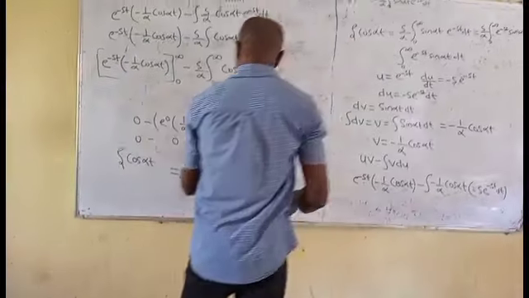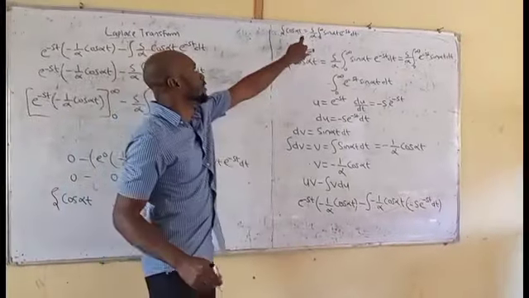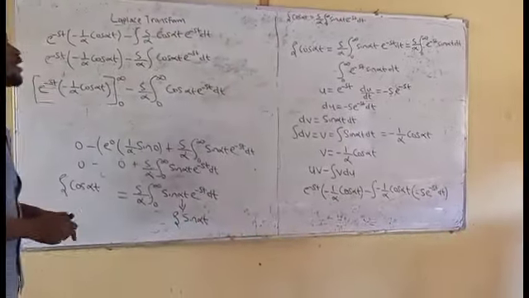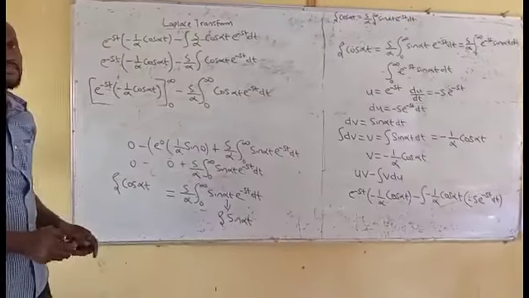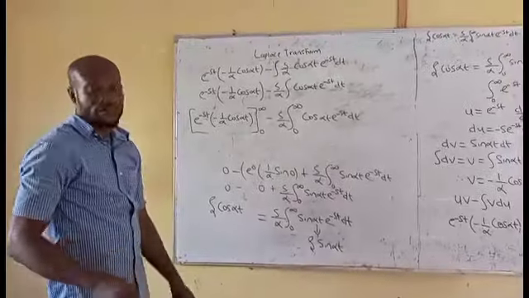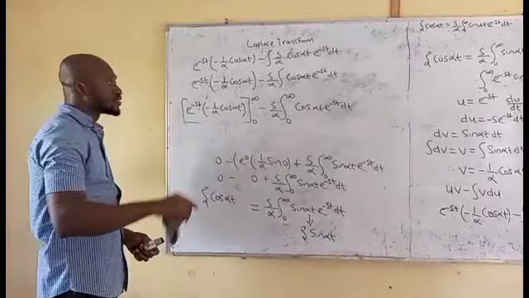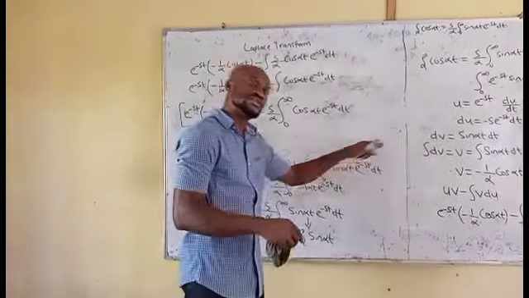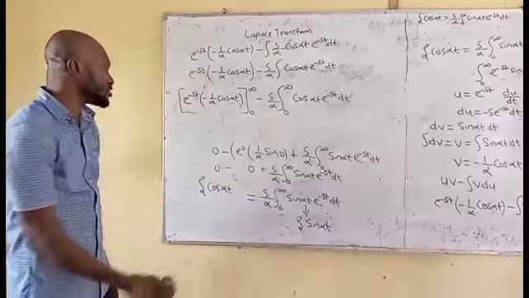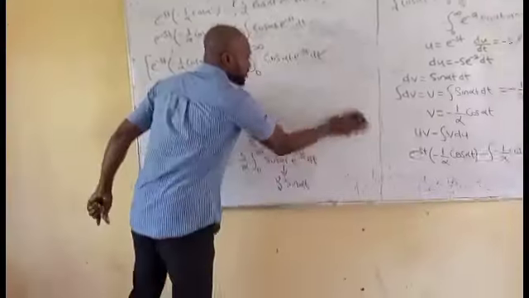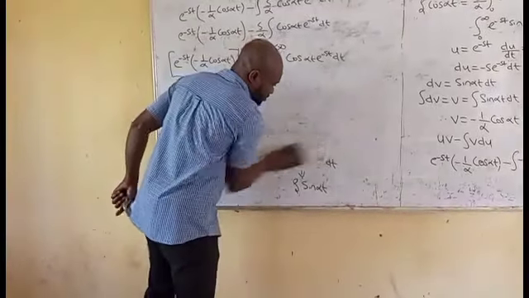I'm writing this equation here because I want to use it to get my Laplace transform of sine wt after getting my Laplace transform of cos alpha t. Once I get the Laplace transform of cos alpha t, I will use this one to get a formula for the Laplace transform of sine wt. So I will now eliminate everything here.